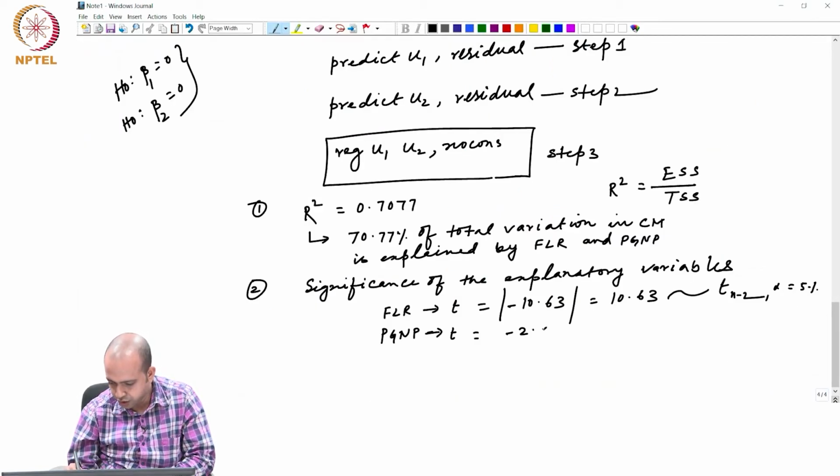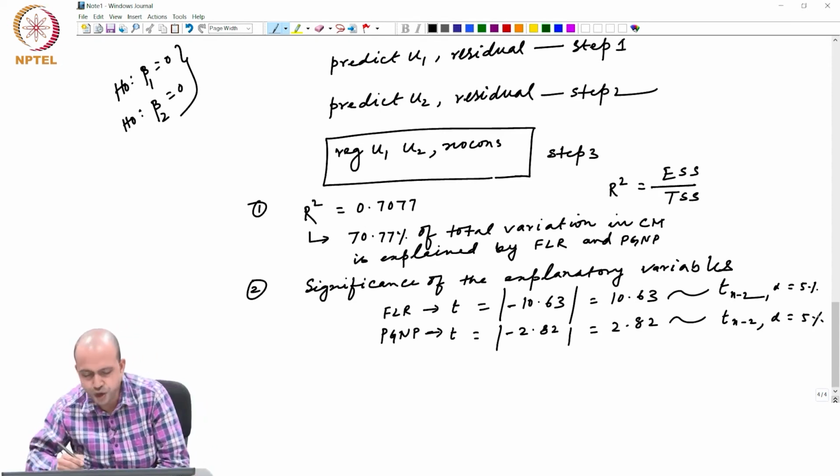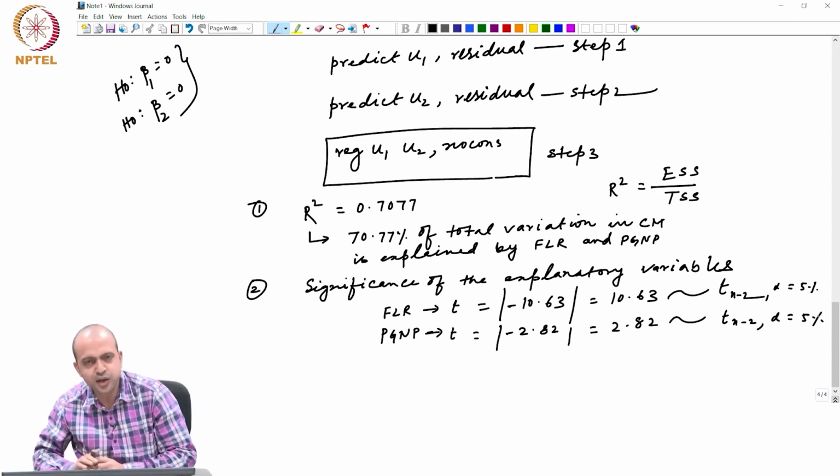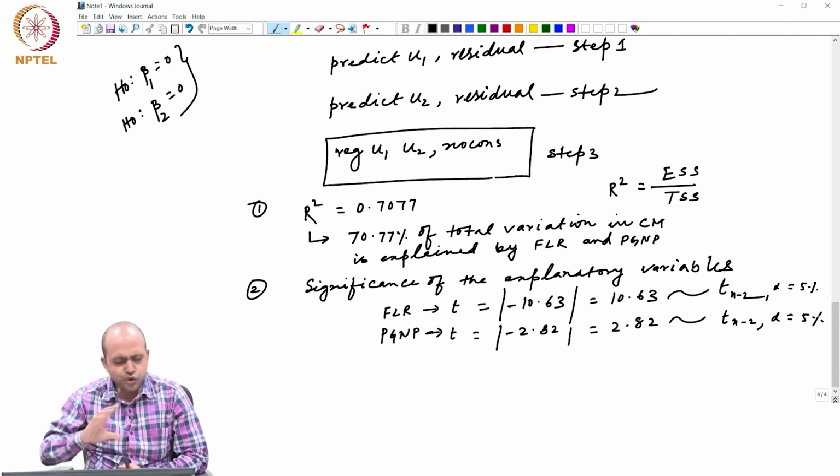If you take the absolute value, it becomes 2.82, and it will follow the t distribution with n minus 2 degrees of freedom. At alpha equals 5%, we need to compare. Since it is 2.82, we need to compare whether it is actually greater than the tabulated value or not. So, going by these t values, we need to compare with the tabulated value.